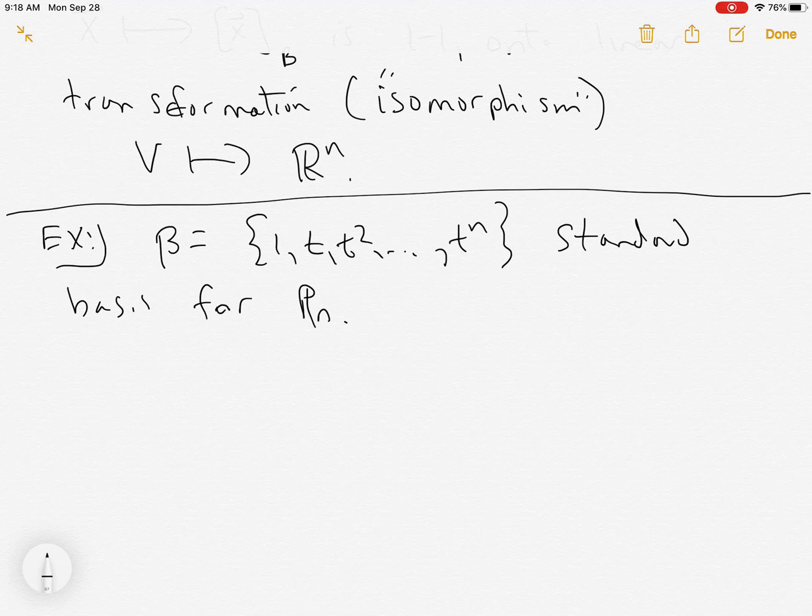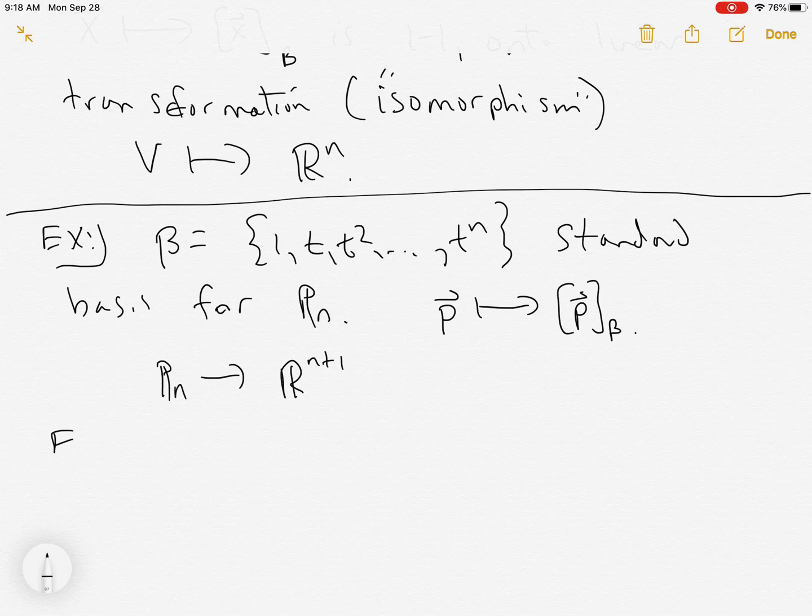And so the isomorphism defined takes a polynomial p and maps it to its coordinate vector under this basis. And it takes Pn and maps it to R^(n+1). Okay. All right, let's do an example.